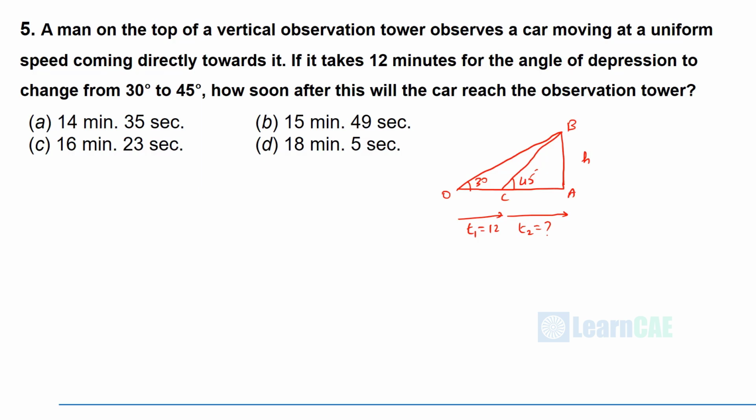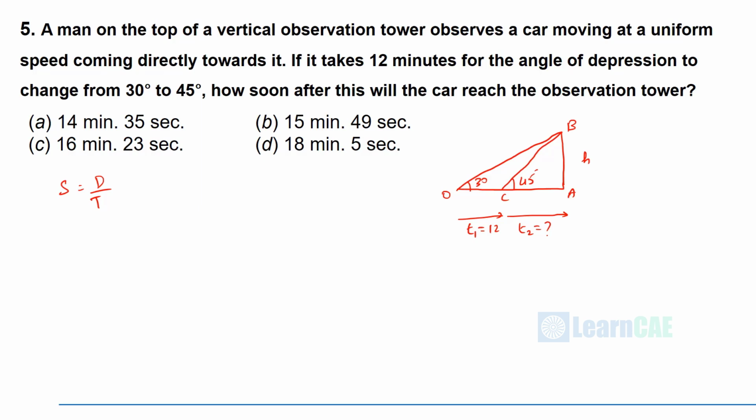They have not given any other information, only the change in angle of elevation and the time taken to change. They are asking how soon will the car reach the observation tower. Here the car is moving at a uniform speed. Speed is nothing but distance by time taken. Here we can see the distance covered is OC and it is covered in 12 minutes.